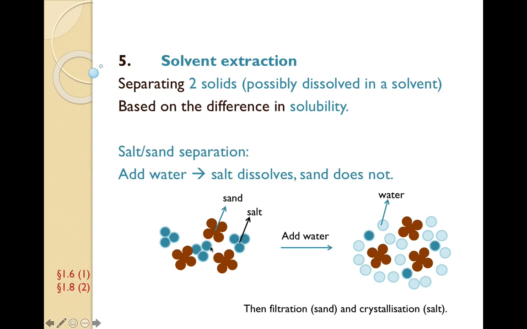So you can add water to this mixture of solids. The salt will dissolve, then you can filter the sand and evaporate the water again, and you will have the salt left over. The process of adding the water and extracting the salt by using a solvent, that we call solvent extraction.